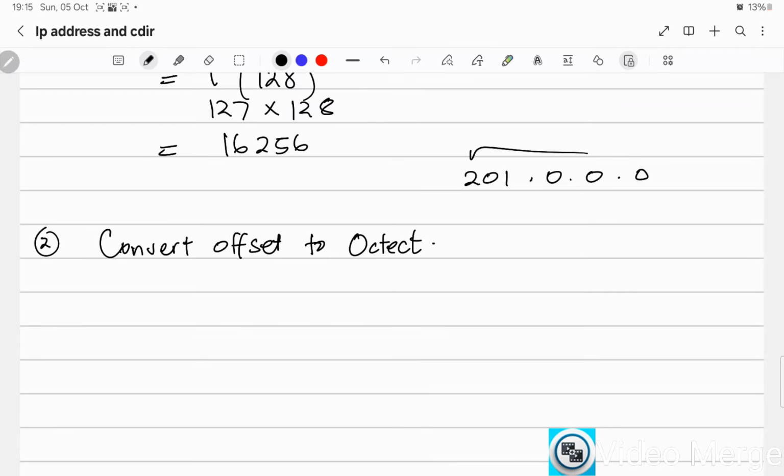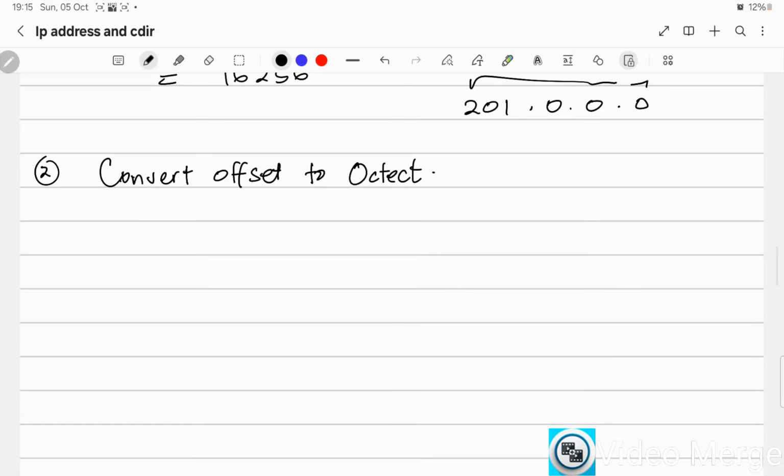Here we have 4 octets. So 1 octet is equal to 256 addresses. This is because 1 octet is equal to 256 different values in an address.